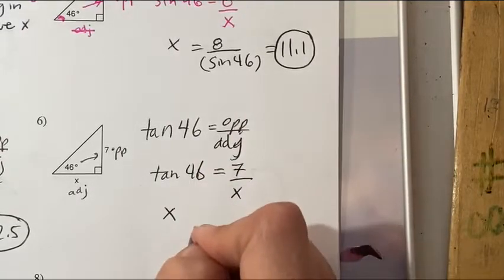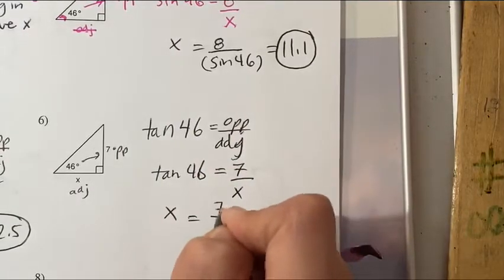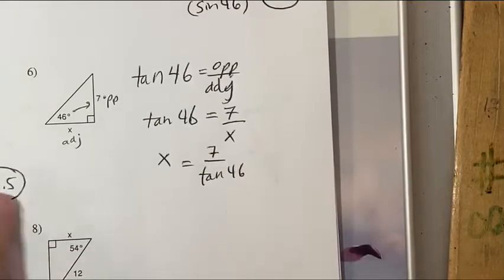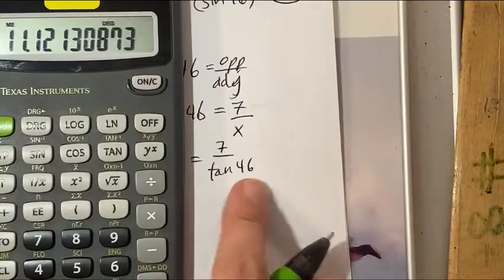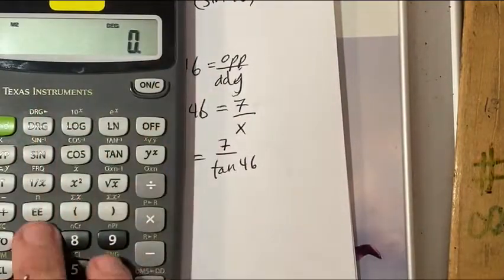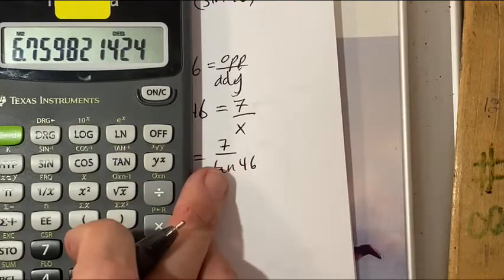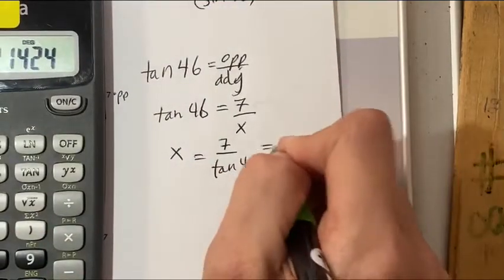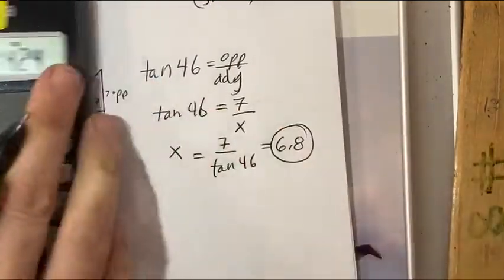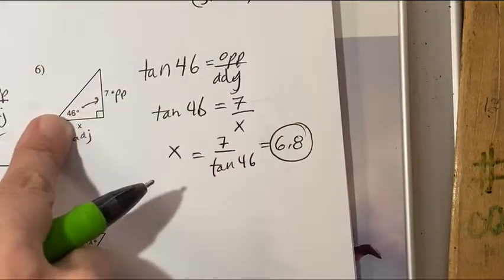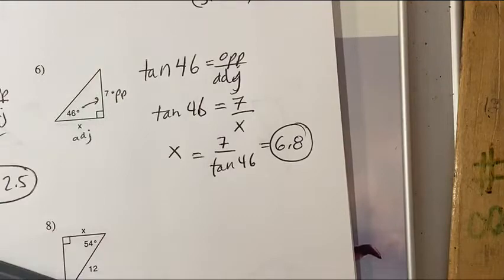The x goes up here, the 7 stays where it was, and the tangent of 46 goes below. So 7 divided by the tangent of 46. Enter, 6.8. So you look here, aha, it should be pretty close because 46 is close to 45.